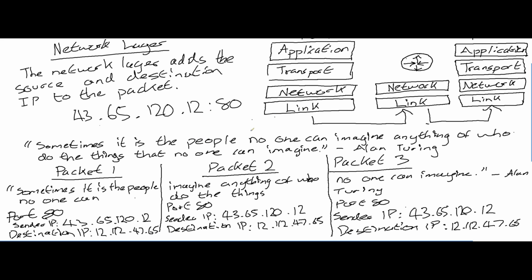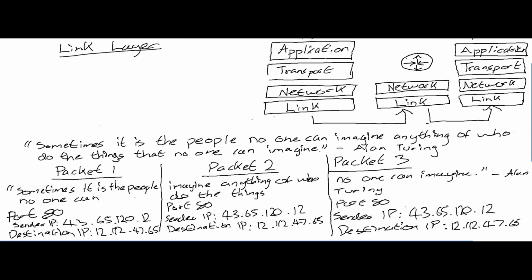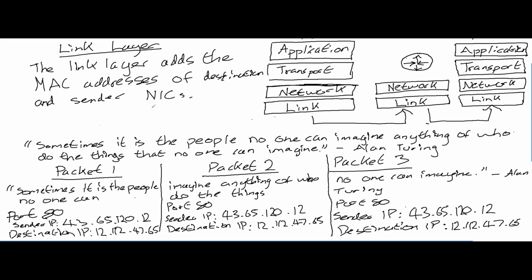Moving on then, I'm going to take a look at the link layer. The link layer is the physical connection between network devices, and it adds the MAC addresses of the destination and sender network interface cards. The MAC addresses added at the link layer are changed at every hop.